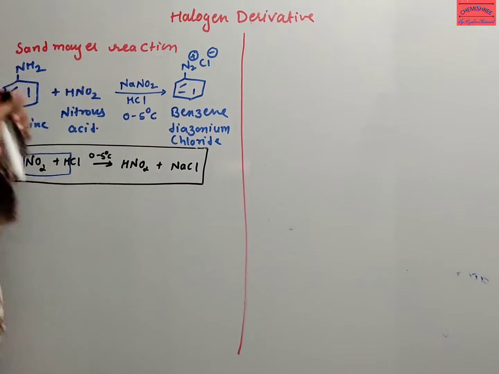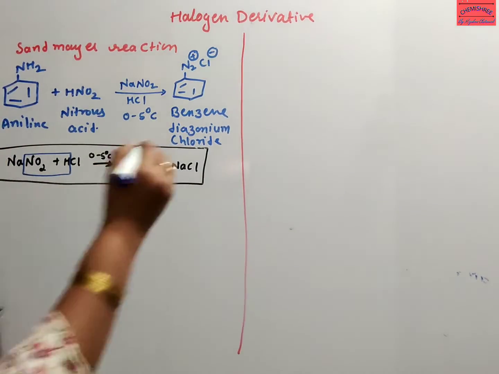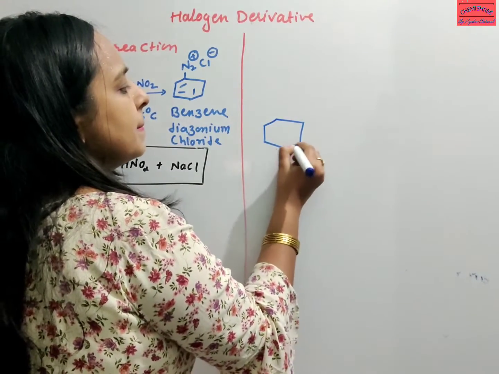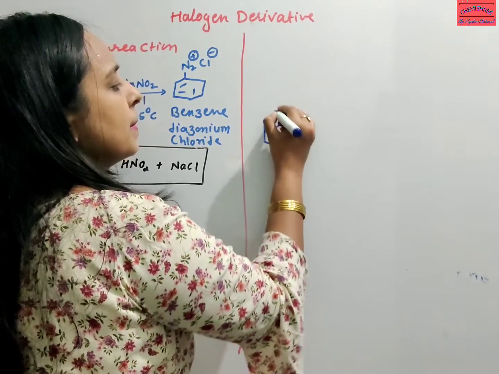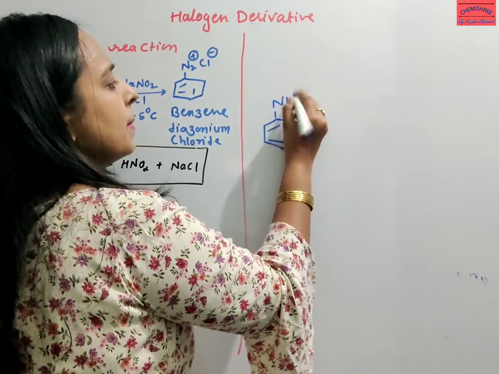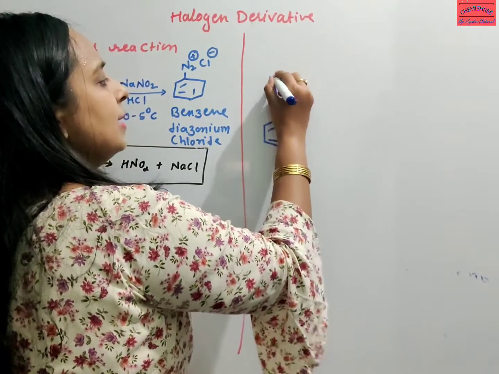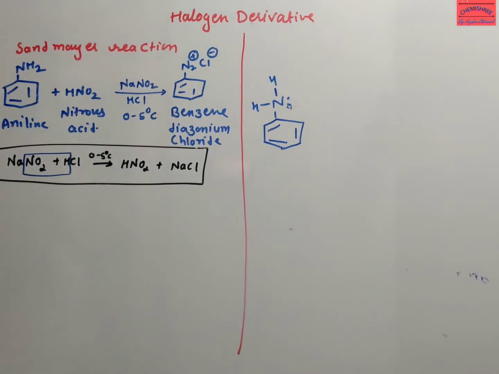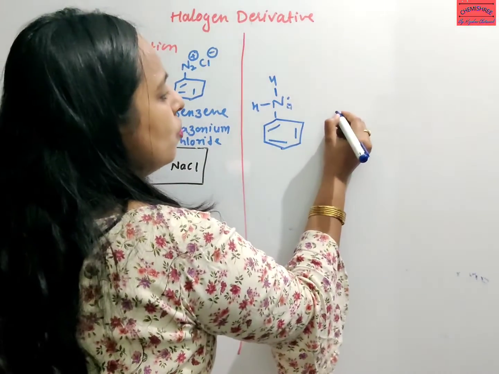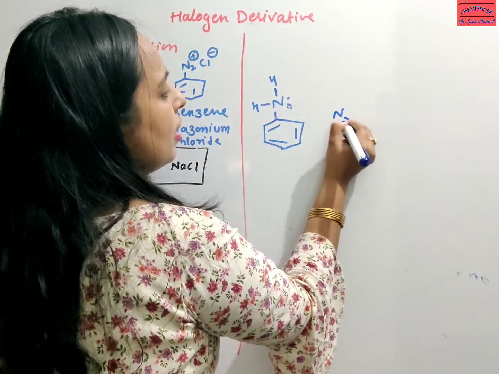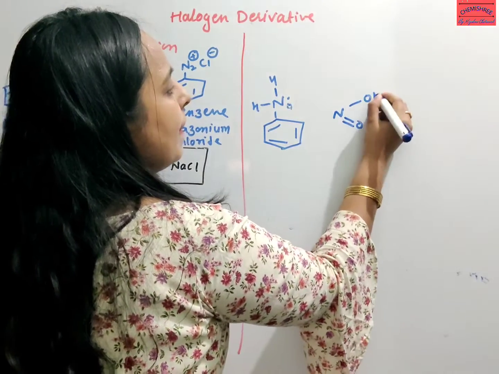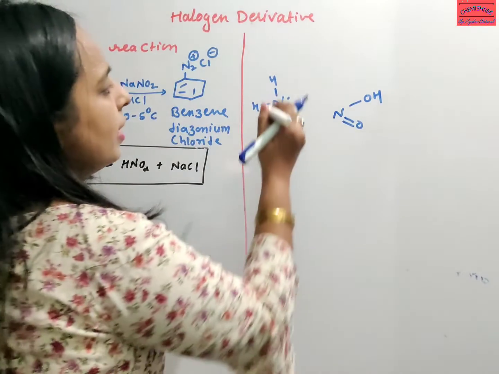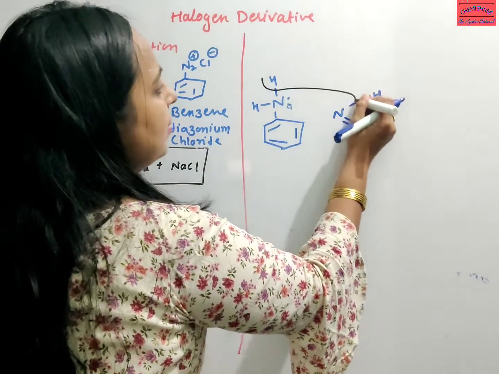Let us see what actually happened over here. So when you take aniline, I'll write aniline like this, and over here lone pair of electron. And when this HNO2 comes near, a water molecule is eliminated.